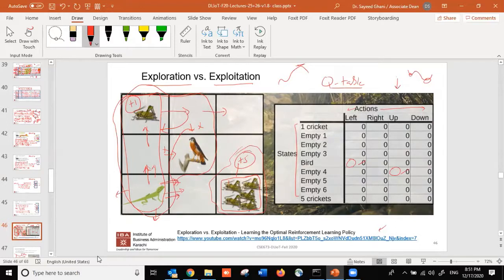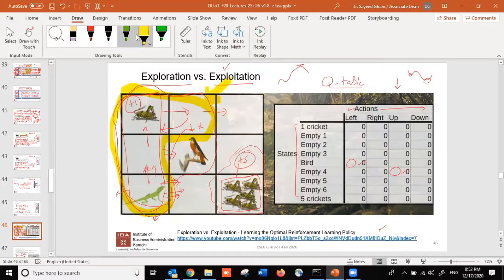So the idea of exploration versus exploitation is that in exploitation, if you found some good solution, okay, you stick to that, all right? So we found some good solution over here, and maybe we're just going to stick to that. So this is exploitation. We're going to find something, and we're going to continue to exploit it, okay?